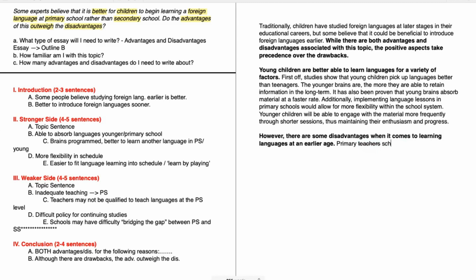So I'll say primary school teachers, good, may not be qualified to provide lessons in foreign languages, resulting in inadequate teaching. For my example here, I'm going to say something along the lines of teaching, but I actually just thought of an idea and I'm going to write it here.